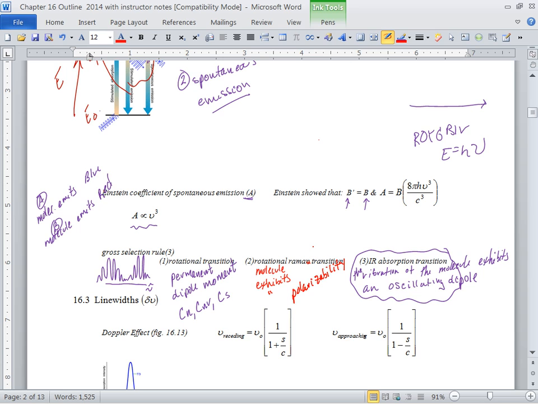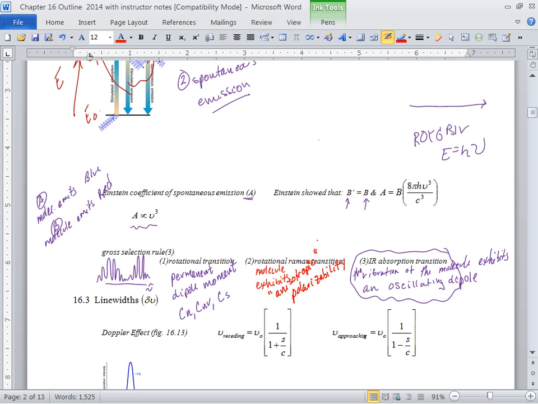I mean, it's spherical. But if you rotate the little molecule and it looks different, that's called anisotropic polarizability.